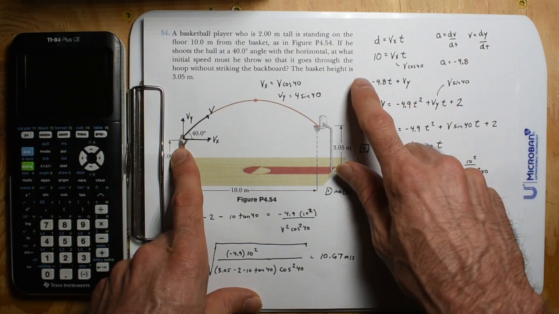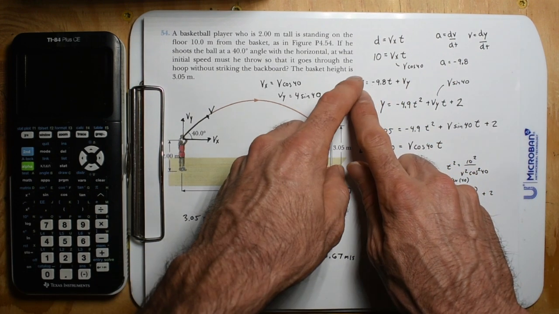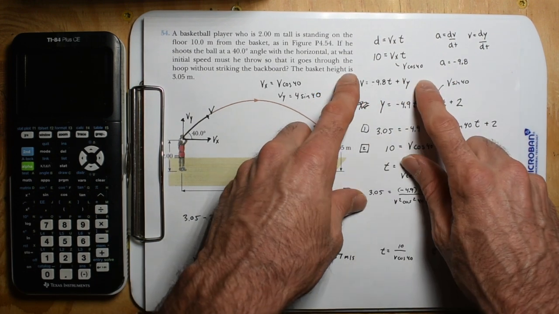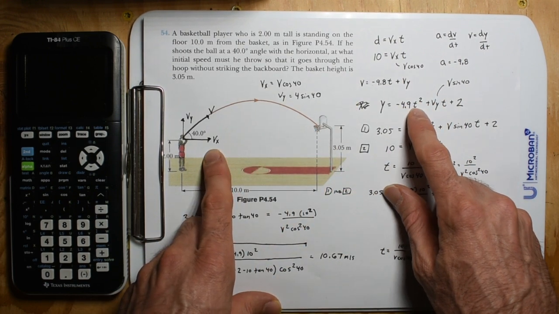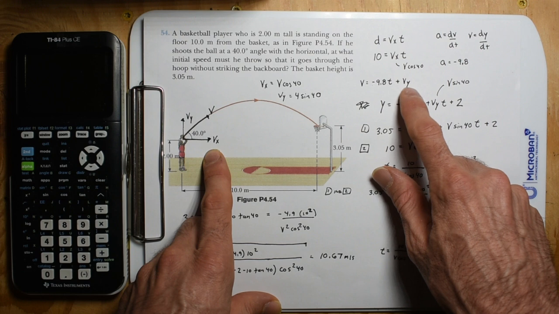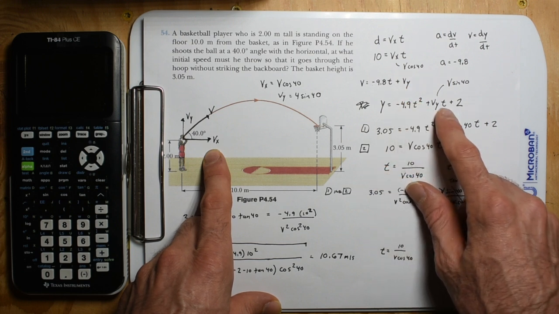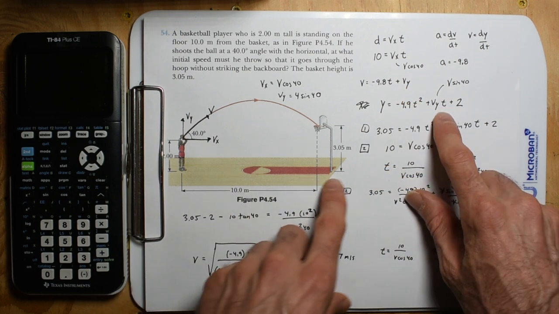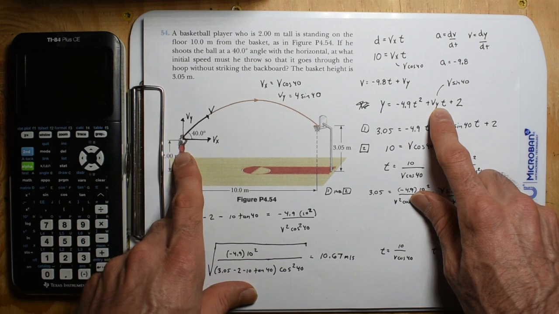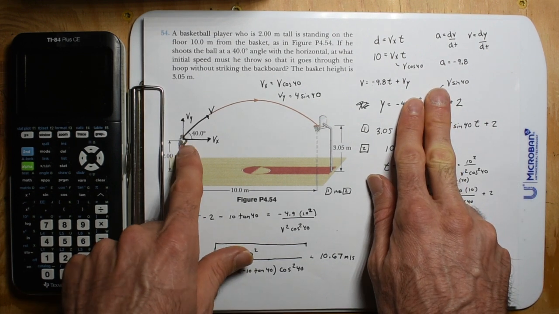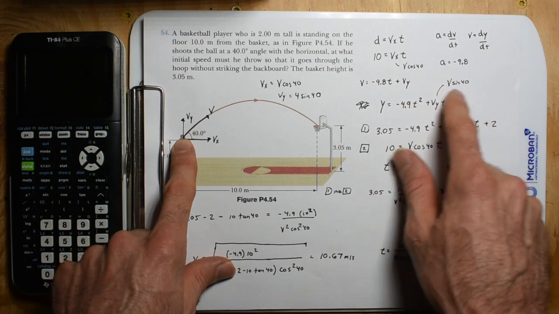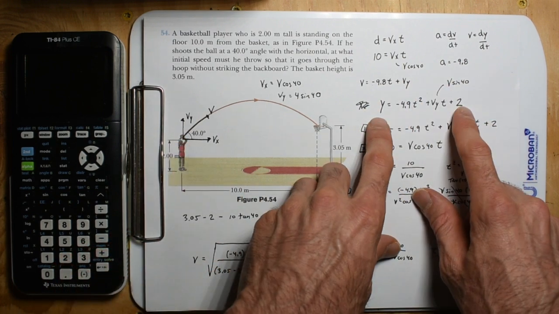We separate variables, integrate, and you get half the acceleration times t squared, plus that initial velocity times t, plus a constant. At time equals 0, these go to 0, so what's our height? It's 2 meters, so we throw that in. That's our equation.